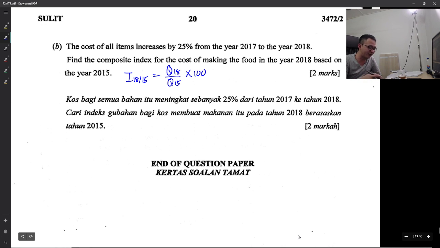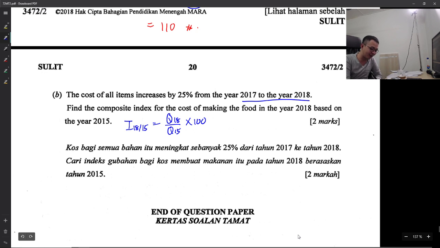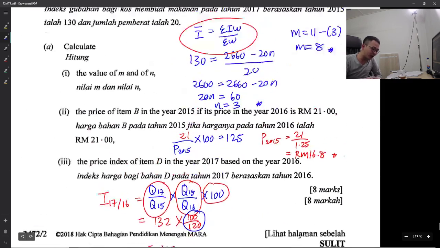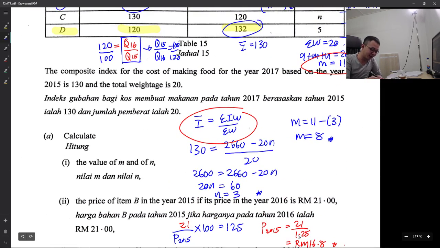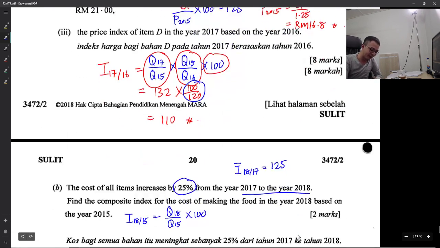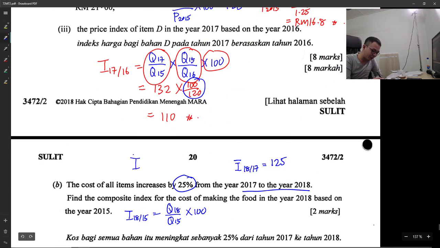But I don't have this information, but I have something over here. This is the composite index for 18 based on 17, increased 25%, right? 125. Alright, and then we also have another composite index here. 130 is 17 based on 15, right? So composite index for 17 based on 15 is 130.